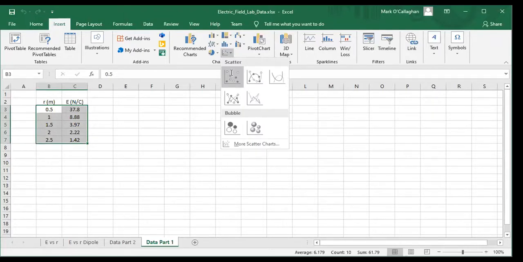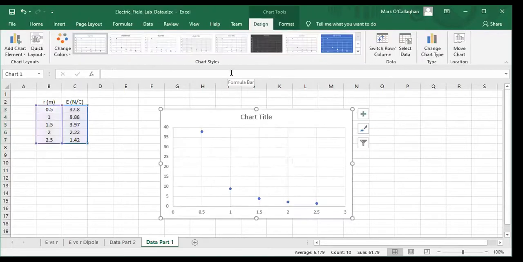Again, I showed you this last time, but for the scatter plot, you put the axes, you put a title on, and so on and so forth. You hit the little plus button to add axis titles.